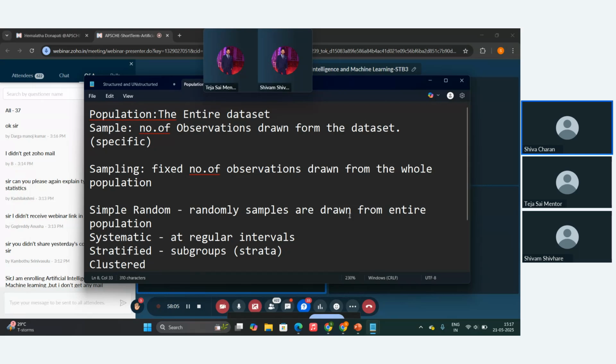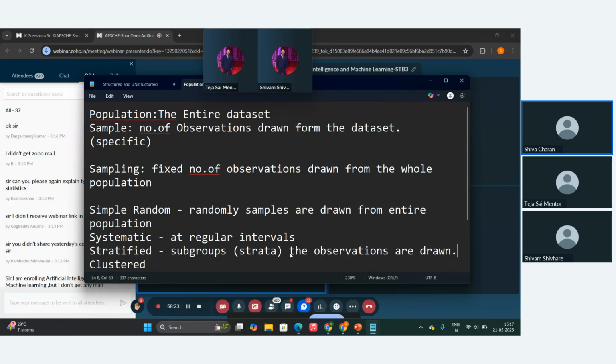And then from these subgroups, the observations are drawn.